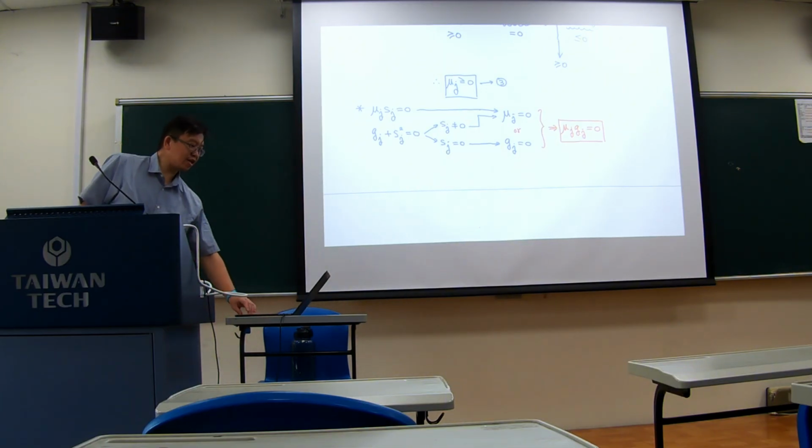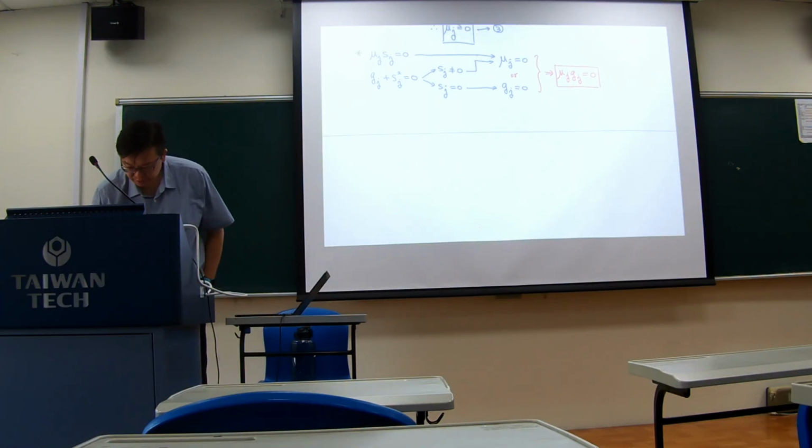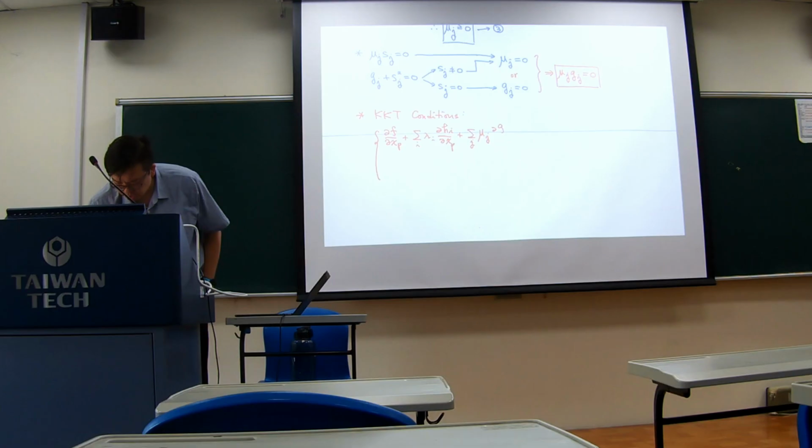Okay, so combining everything together, your KKT. So basically, three of them: partial f partial x p plus summation i lambda i partial h i partial x p plus mu j partial gj partial x p equals zero, and then mu j gj equals zero, and mu j is positive.